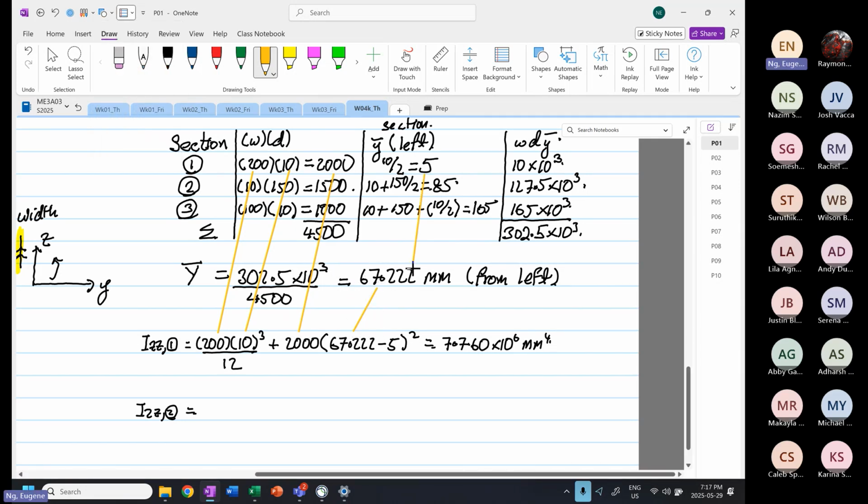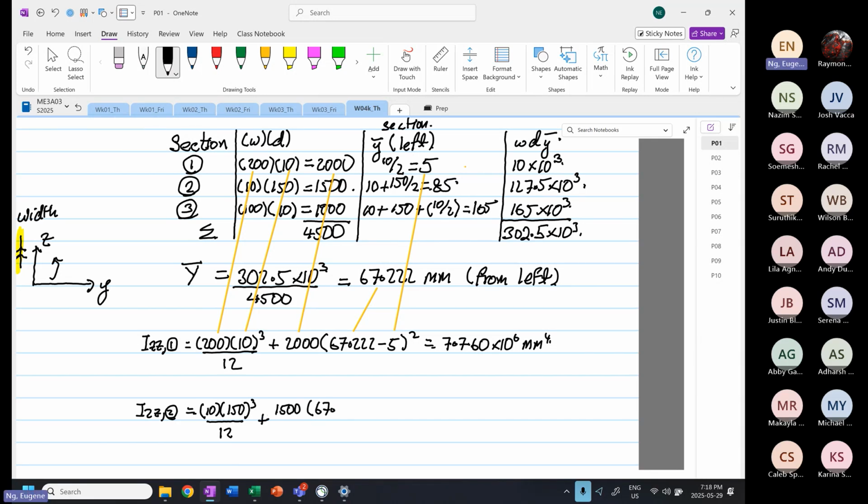Okay, so when you do your calculation this way, it's very difficult to get it wrong. So 150 cubed over 12, plus 1500 times (67.222 minus 85), squared.